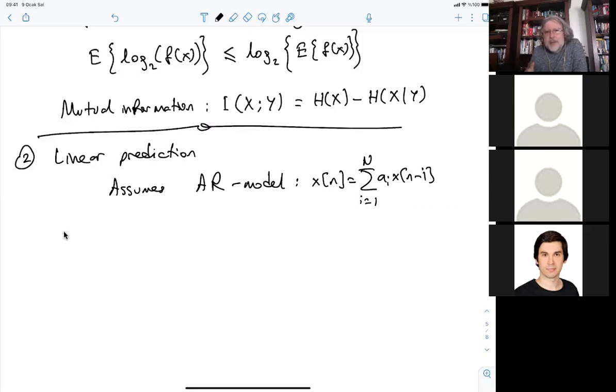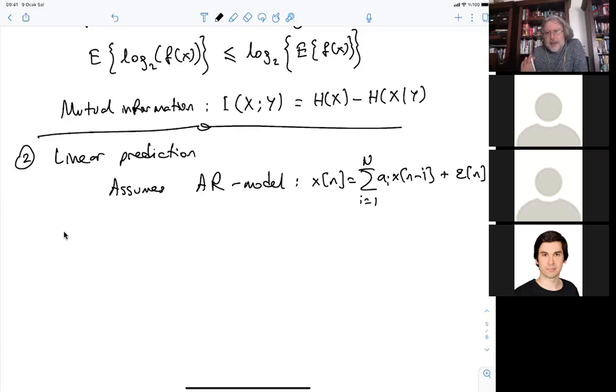So this linear combination combines the past samples by scaling them differently with the corresponding a_i, and then makes a linear combination. That is an autoregressive model. And plus there is a noise, epsilon of n. This noise is the independent noise, which cannot be predicted. And that is the noise that we will try to compress further.